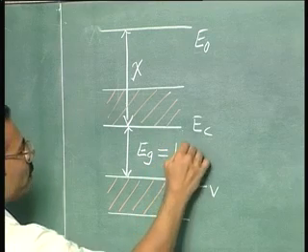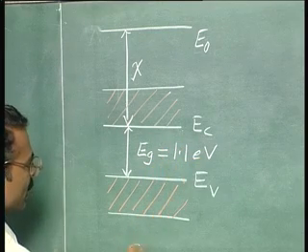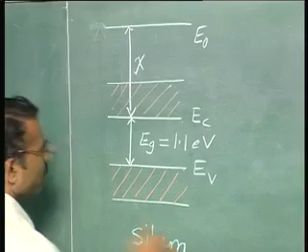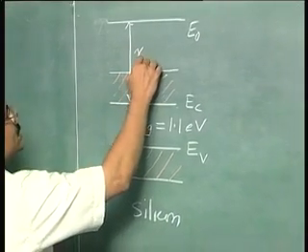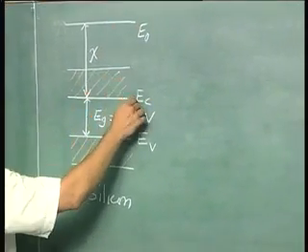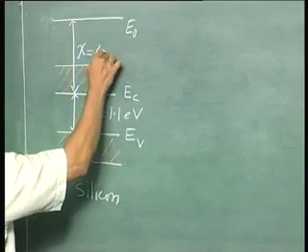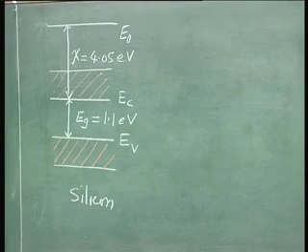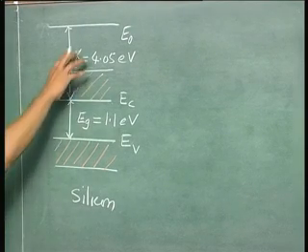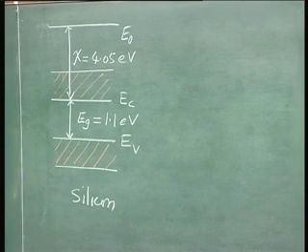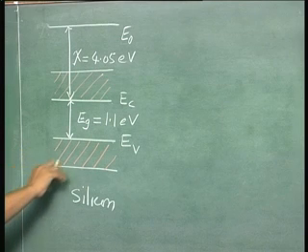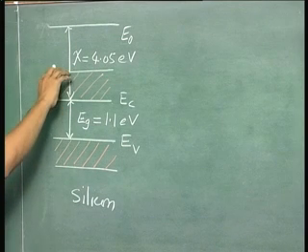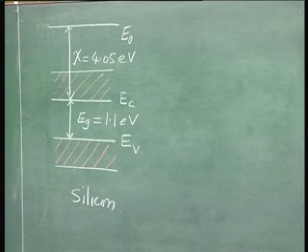This is equal to 1.1 electron volt for silicon. And this chi, which is electron affinity, the difference between E0 and EC, is equal to 4.05 electron volts. So actually, if you draw this band diagram to scale and try to show the conduction band and valence band, then it would look something like this.